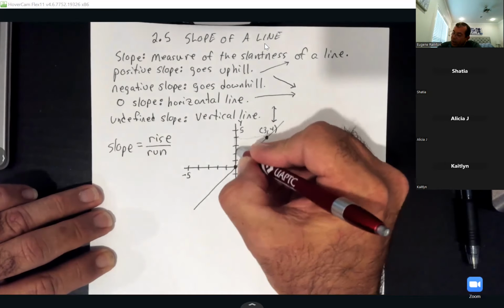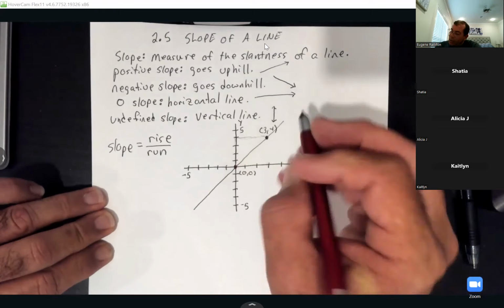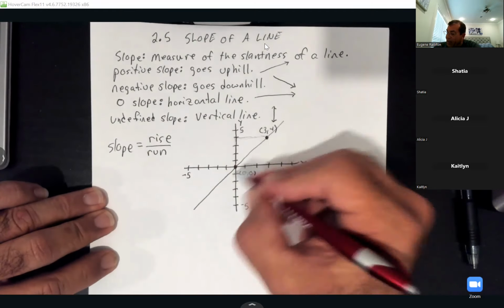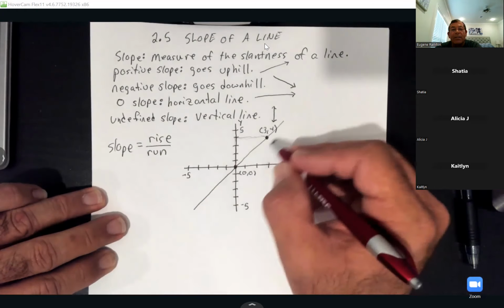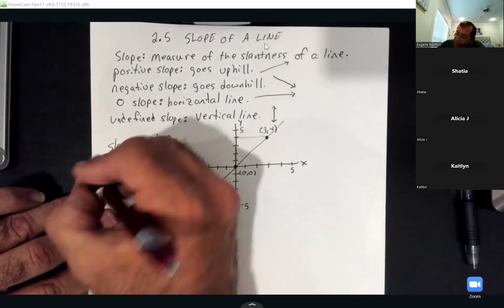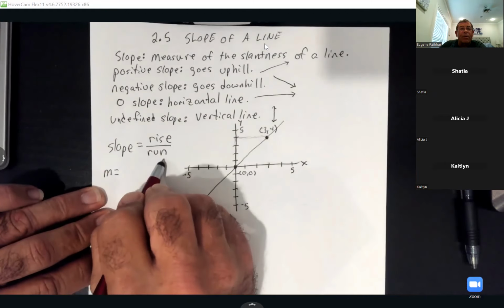How much does it go up and how much does it go over? If I was looking at this graph here, this is an uphill line, so that means my slope has to be positive. So y'all, here comes our slope formula to figure out the rise over the run.